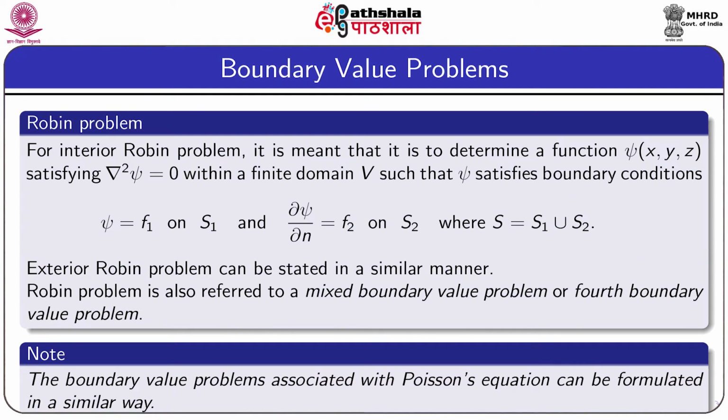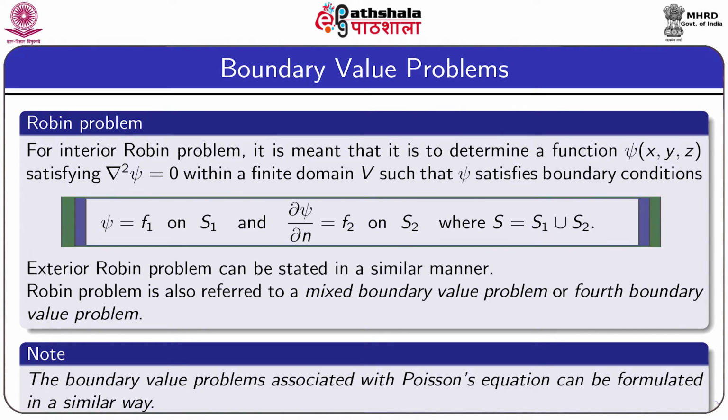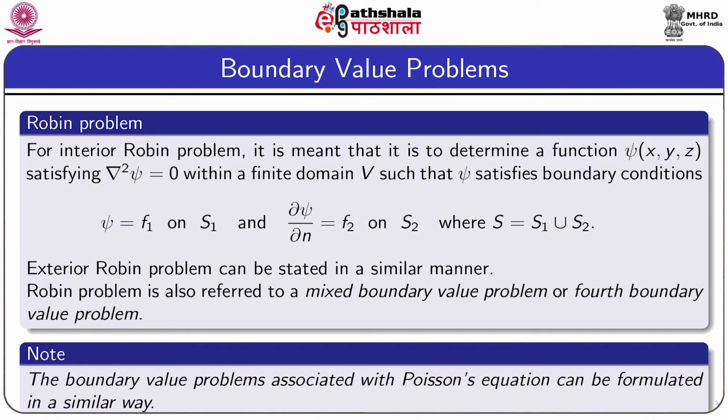Now I am going to discuss about Robin problem. For interior Robin problem, we have to find an unknown function psi which satisfies the equation grad square psi equals to 0 within a finite domain capital V, and on the boundary of capital V, that means on S, psi is equal to f1 on S1 and del psi del n equals to f2 on S2, where S is the union of two boundaries S1 and S2.